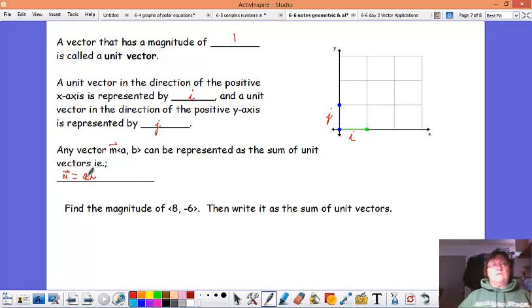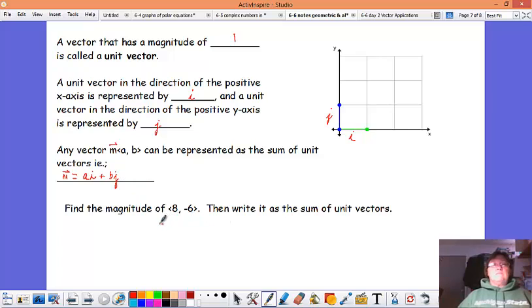That's the horizontal component times 1, right? Because i is a unit vector, added to B times j. Another way to represent this vector M is as a sum of unit vectors: A units in the east direction, B units in the north direction.